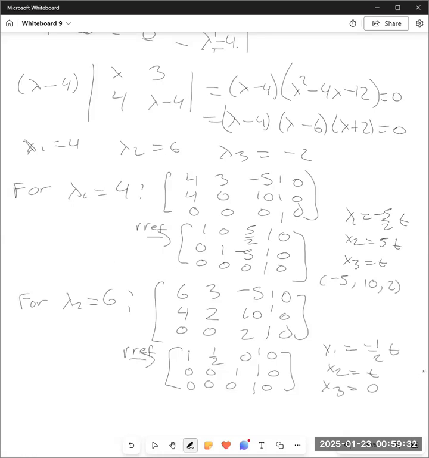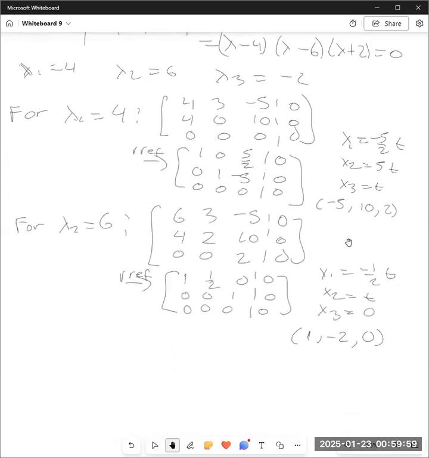For some reason, they want to let t be -2 in this case. So that's fine. You could let it be 2 and it would also be a correct answer. The book goes with t being -2 and getting an eigenvector of 1, -2, 0.